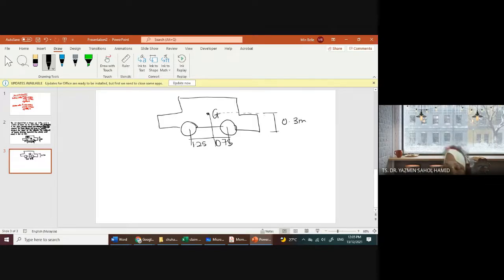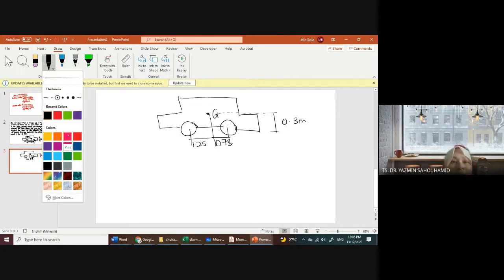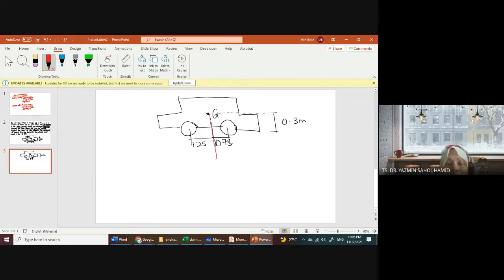Okay. Alright. So number one kita kena buat apa? Draw free body diagram kan? Okay, kita draw free body diagram. So of course dia ada due to weight. Weight dia berapa? W equals to mg. So mass dia berapa? 2 Mg. Mg tu apa? 10 kuasa 6 betul tak? Kali g 9.81.